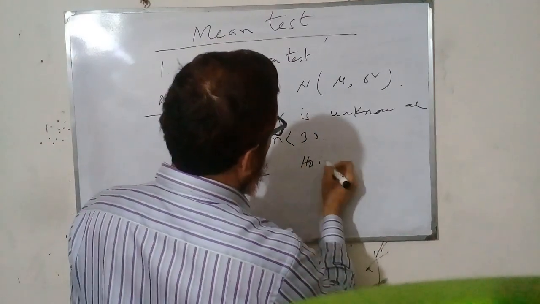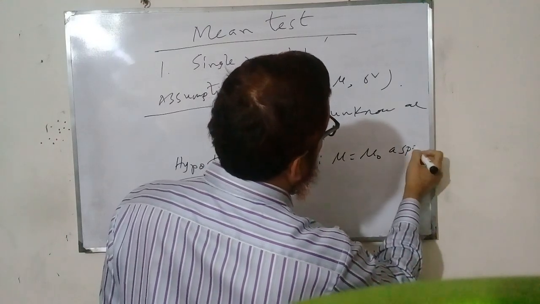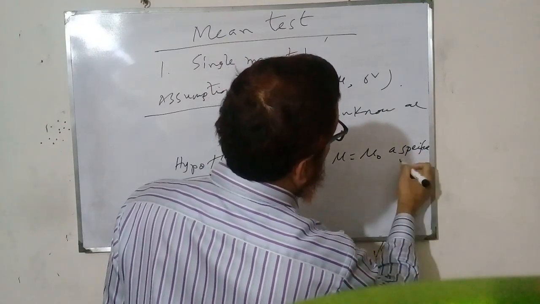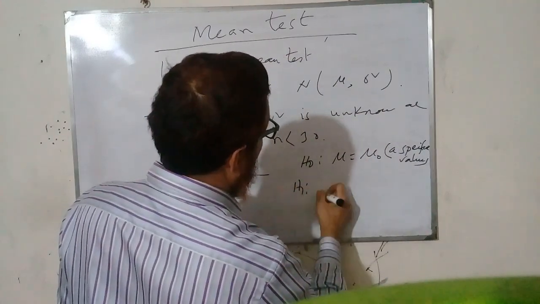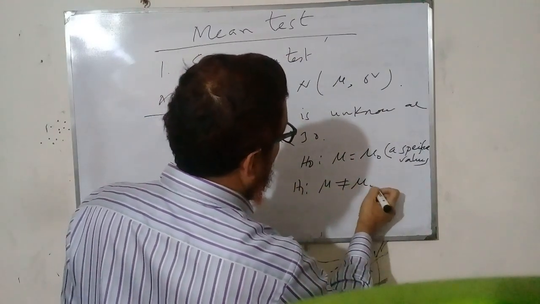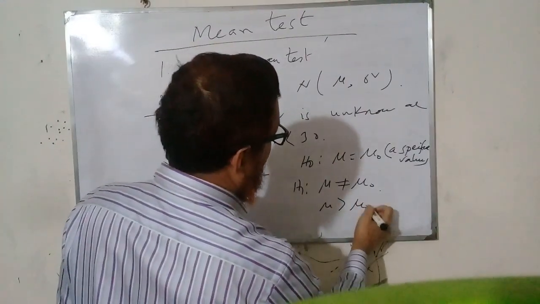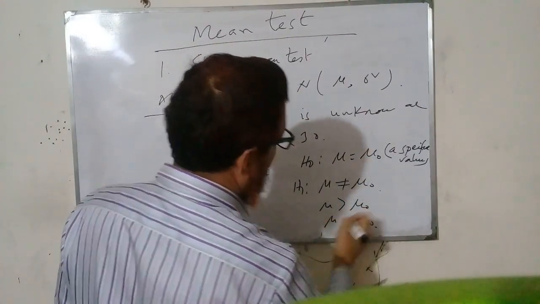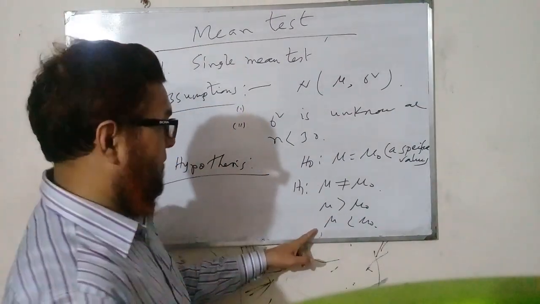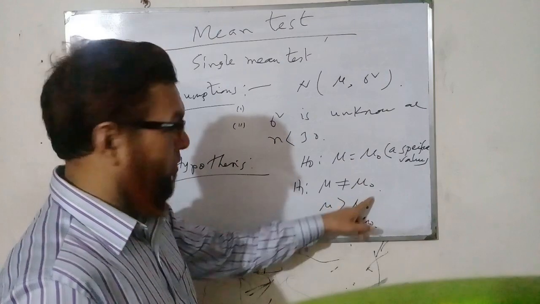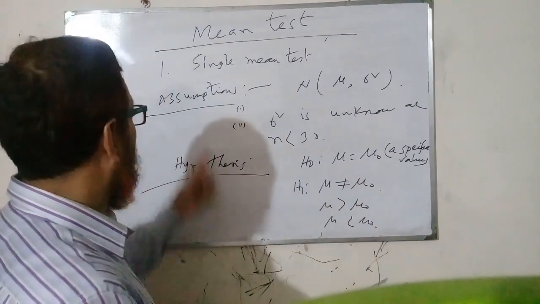Null hypothesis: mu equal to mu 0, a specified value. Alternative hypothesis: mu not equal to mu 0, or it may be mu greater than mu 0, or mu less than mu 0.